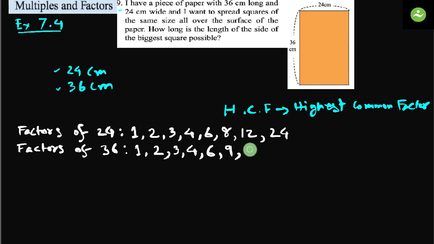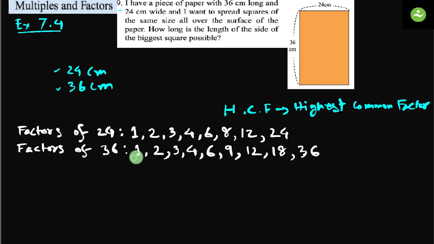Then 10 not, 11 not, 12, factor of 36. 13 not, 16 not, 18, factor of 36, and 36 is the last factor of 36.